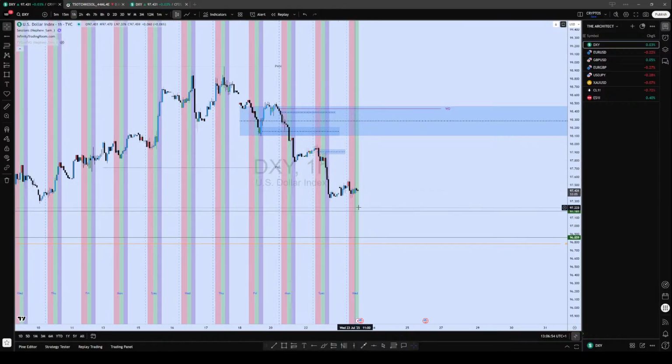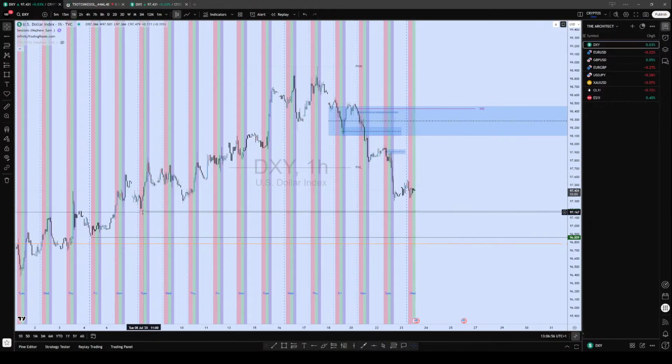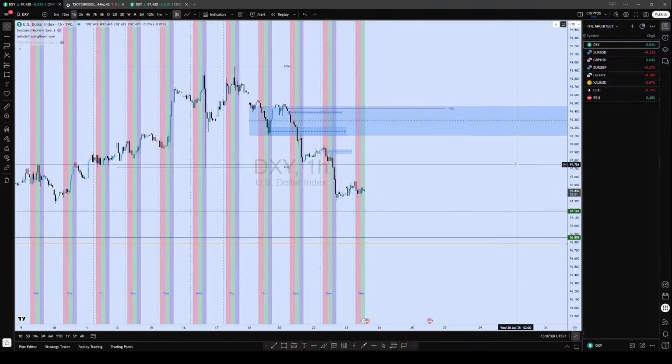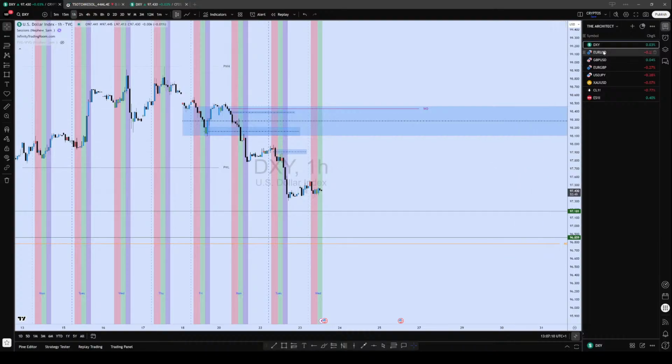Nice dropping, and we are heading towards the levels that I gave: 97.18, 96.85. So look for that continuation to the downside.